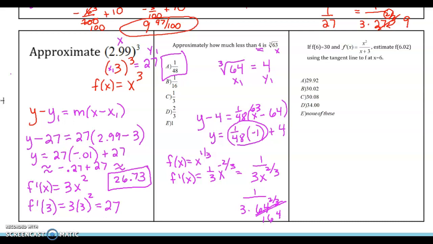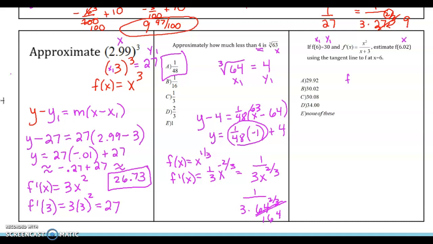So did I really have to use the tangent equation if I understood it was going to be my slope and what my new x value was? No, of course not, blah, blah, blah. All right, so let's look at our next example. We've got 6 and 30, and they tell us the derivative is equal to that, and we want to estimate 6.02. Okay, so we know this is x1, y1, x, and we know our slope.